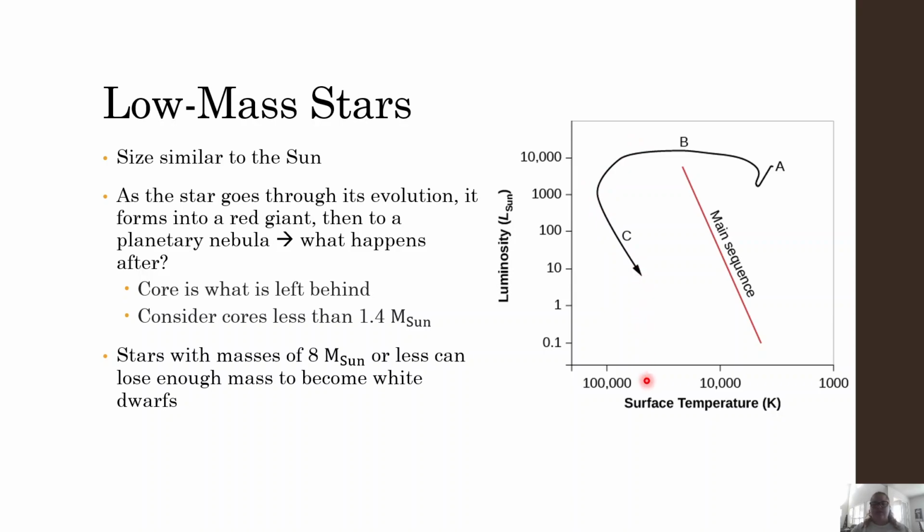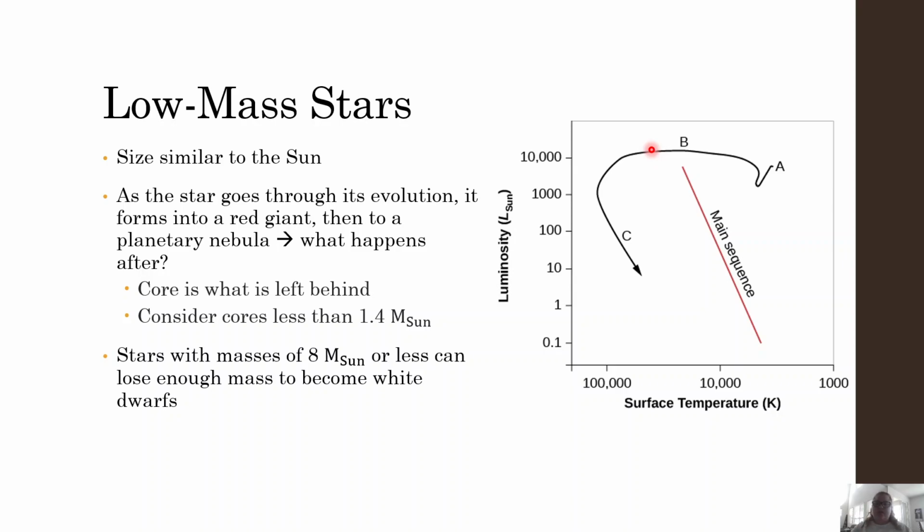So I believe the surface temperature maximum of the HR diagram that we saw last week ended at about 30,000 Kelvin, so it'd be somewhere around here, but it has to extend past that because the surface temperature of the star will be much hotter than 30,000 Kelvin at some point during its evolution.